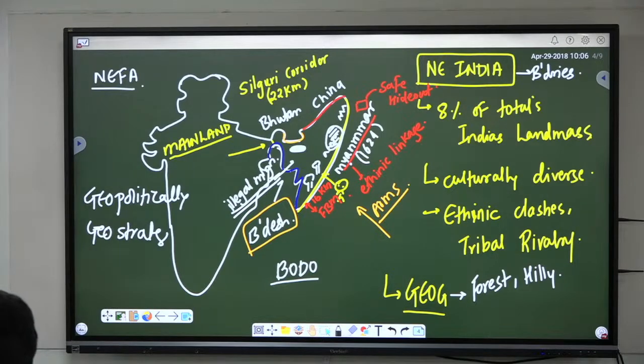Got the idea? So these are some of the most important reasons. Few other reasons like AFSPA are also there, lack of people connectivity, lack of mutual respect. You can add others, but these are the main reasons. I hope you got it.